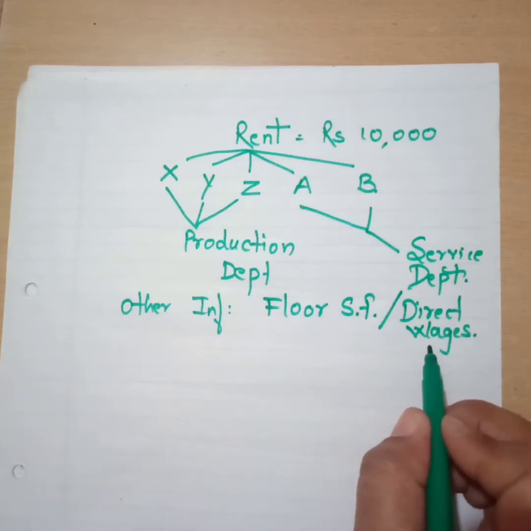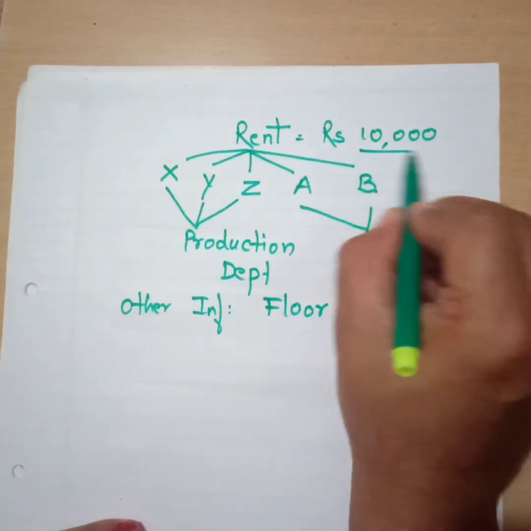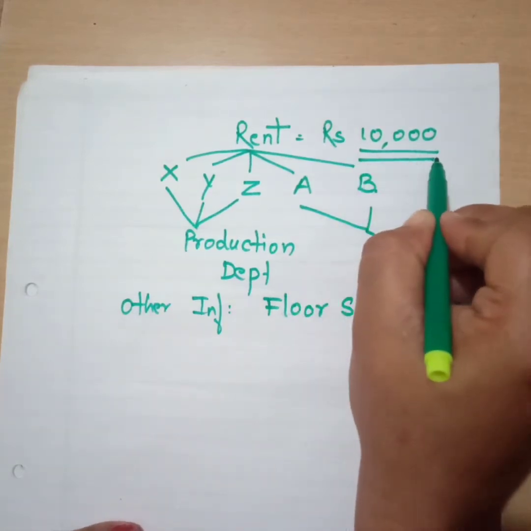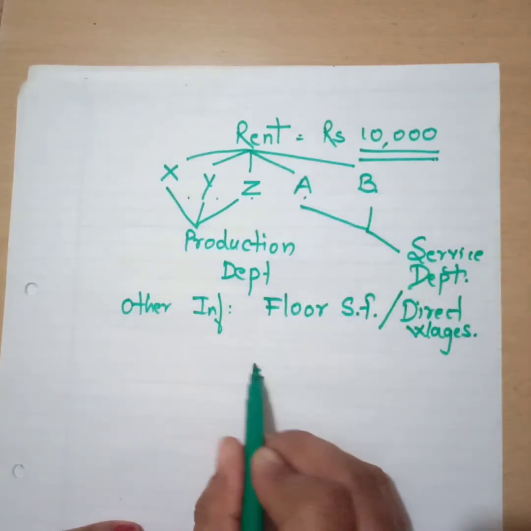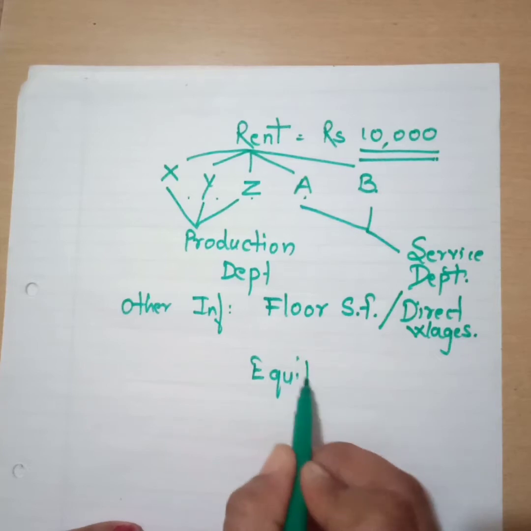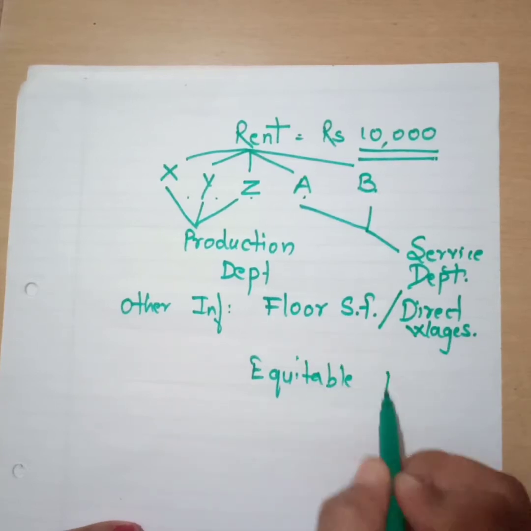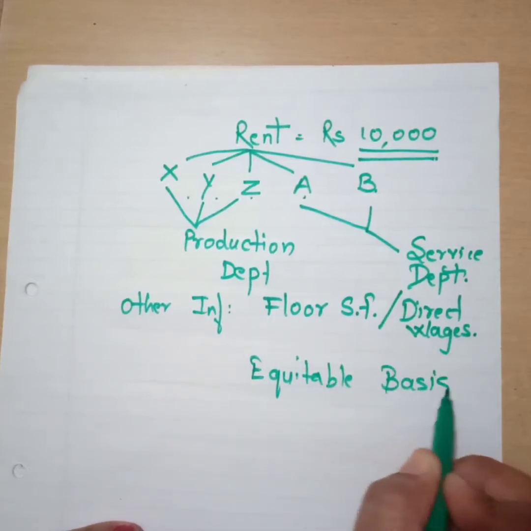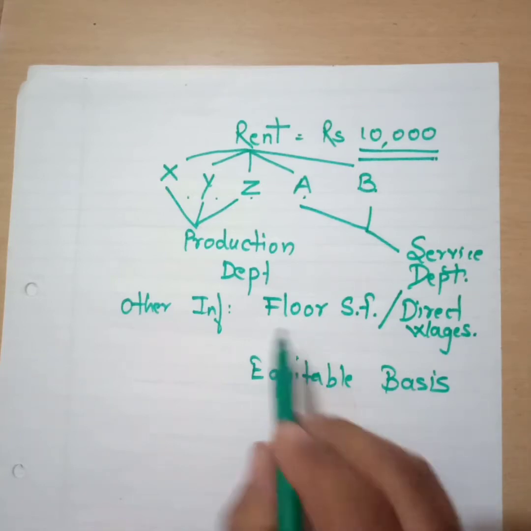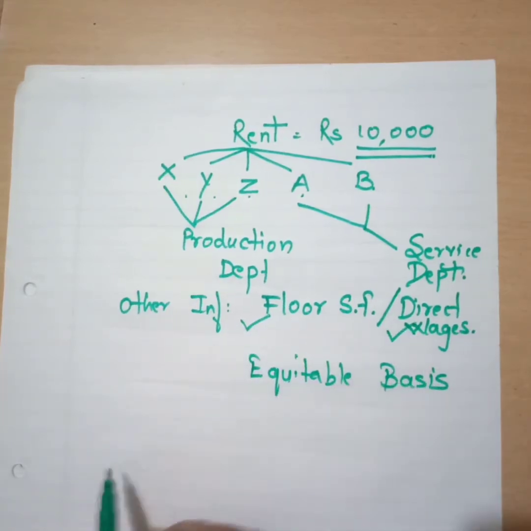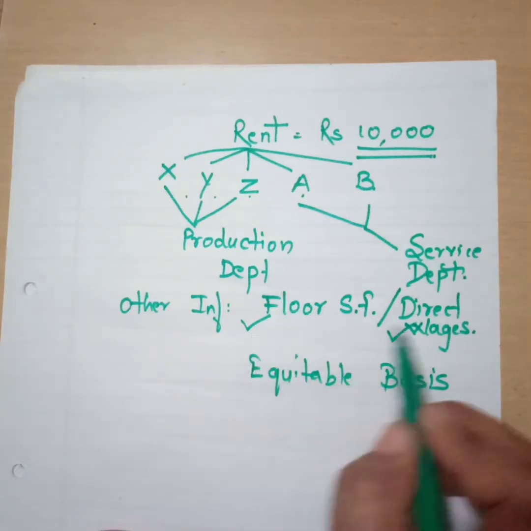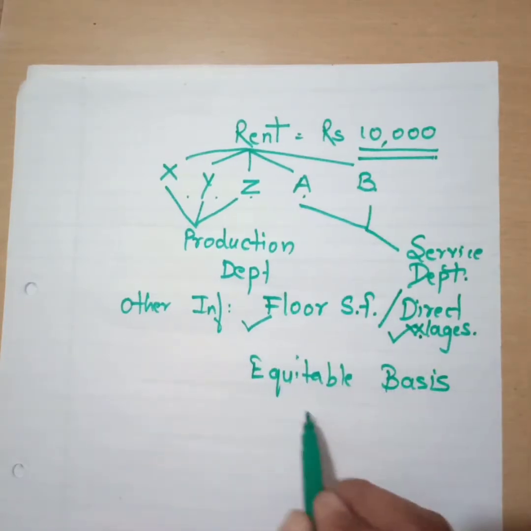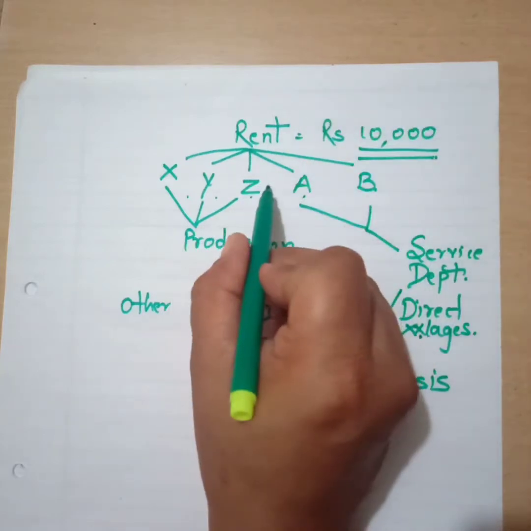Now what are we going to do? We have to distribute this 10,000 rupees among these 5 departments on some equitable basis. Now we have to decide which one will be your equitable basis, floor space or direct wages. You are distributing rent.